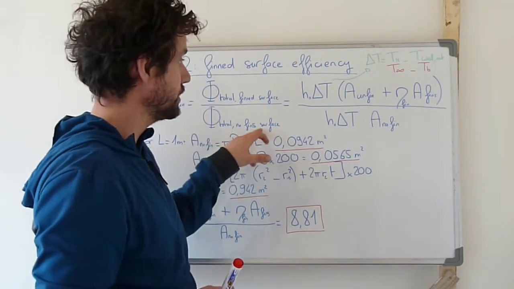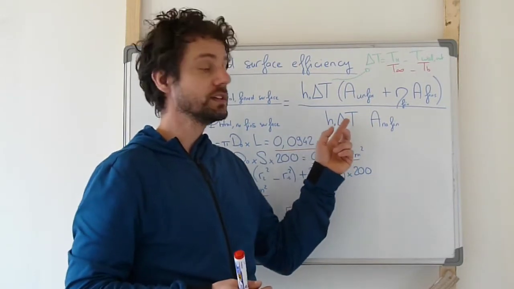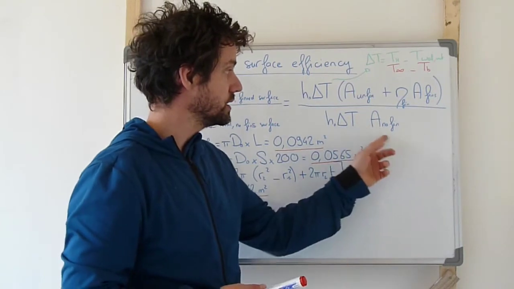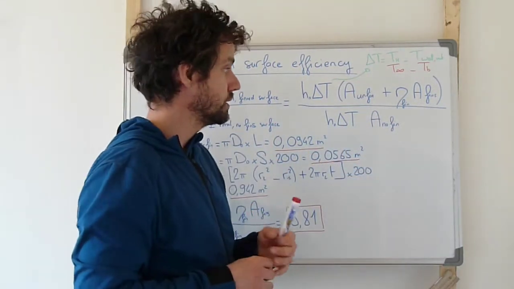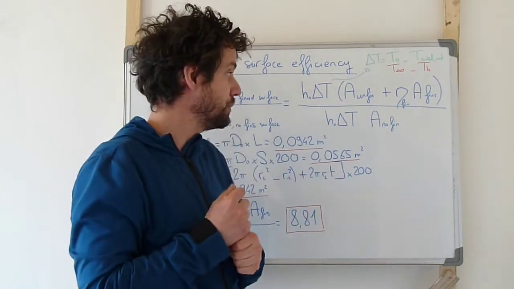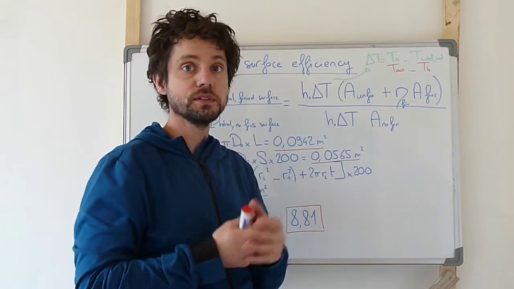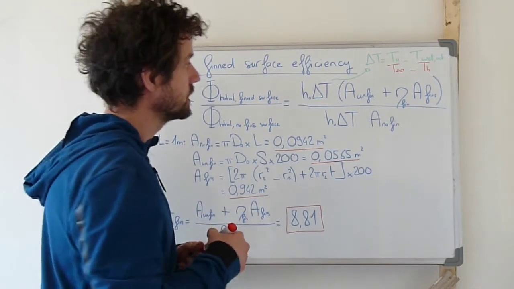For the no-fin surface, it's the same heat transfer coefficient, the same difference of temperature, and here it's the surface area of the outer wall of the pipe without fins, so what we had in the previous section of the exercise.